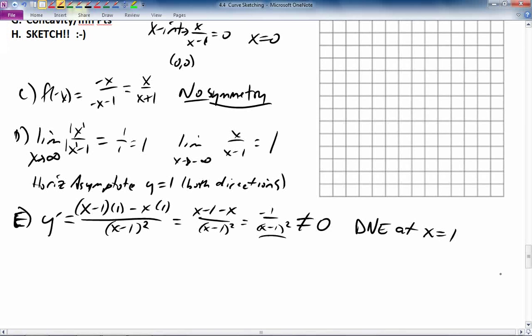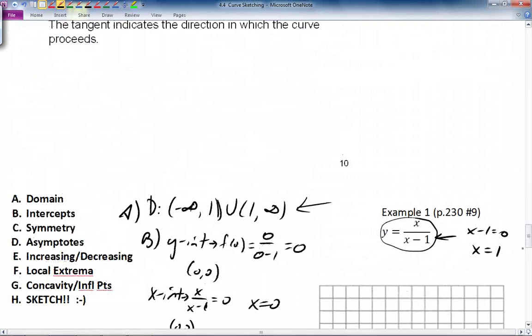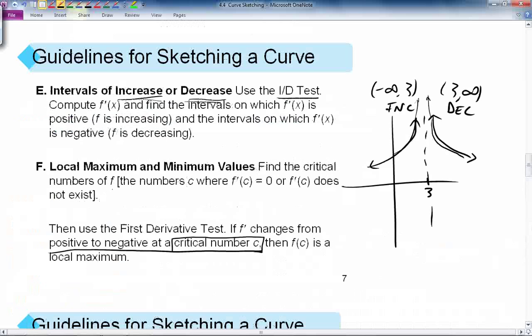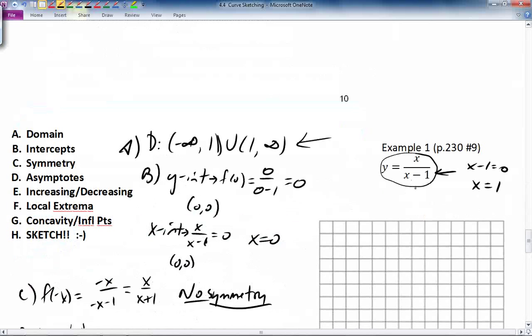However, it can still be a place where the function changes from increasing to decreasing, or vice versa, like the example we looked at. Like right here, because in this function, x equals 1 is a vertical asymptote.